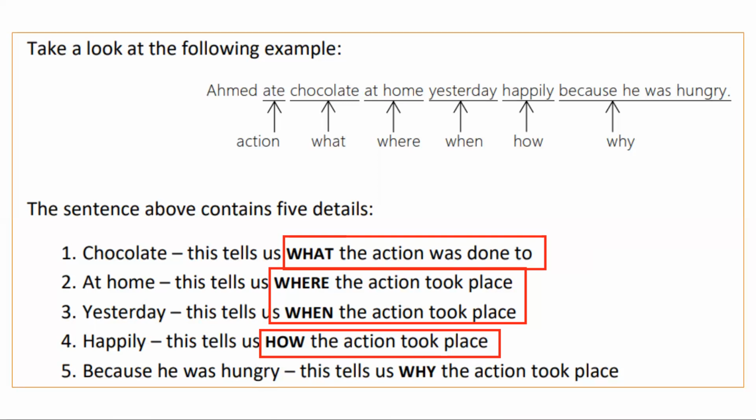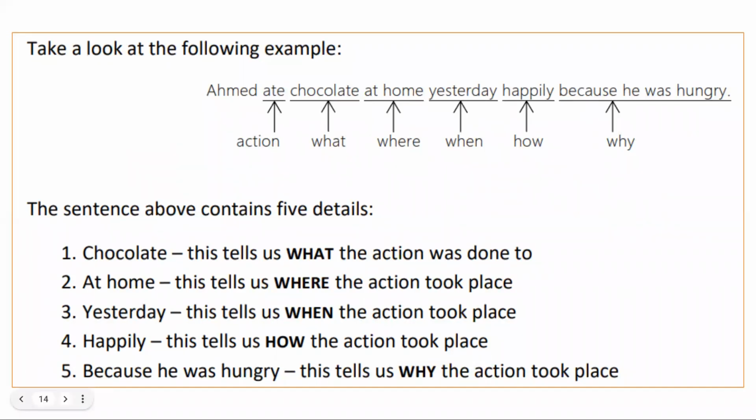And in the last, we have why. Those words or part of the sentence that tells us why the action took place is maf'ul lahu. Okay, so these are different types of details.